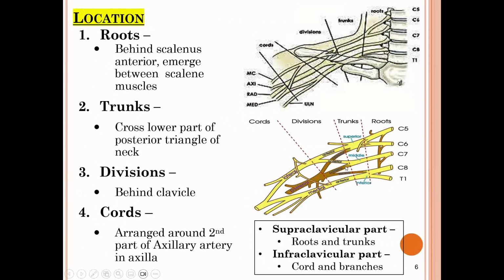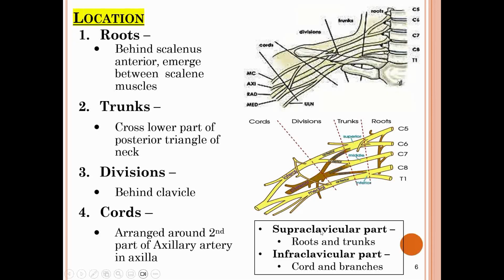The roots are situated behind scalenus anterior and emerge between the scalenus anterior and scalenus medius muscle. The trunks, as I told you, are upper, middle and lower trunk. They cross the lower part of the posterior triangle of the neck, so they are present above the clavicle and form the supraclavicular part of the brachial plexus.